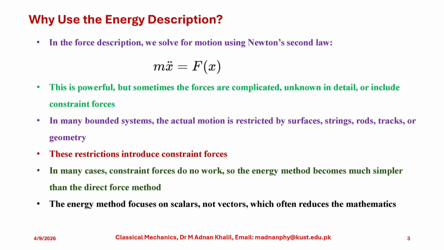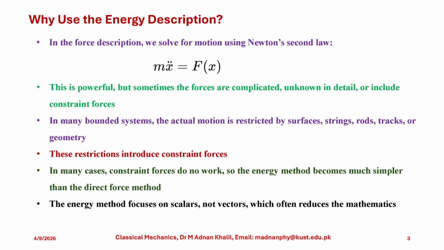In many bounded systems, motion is not completely free. A particle may be forced to move on a surface or along a string, or it can be constrained to move on a track or in a pulley arrangement. Now these restrictions generate what we call constraint forces.